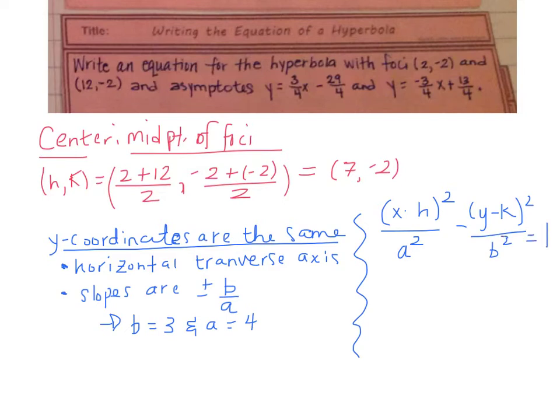One of the questions that comes up a lot is, how do I know what to put in for a? How do I know what to put in for b? And the answer is twofold. First, a is always the larger of the two values, a and b. Secondly, a squared will always appear underneath the part of the formula that matches the direction in which the hyperbola will open.